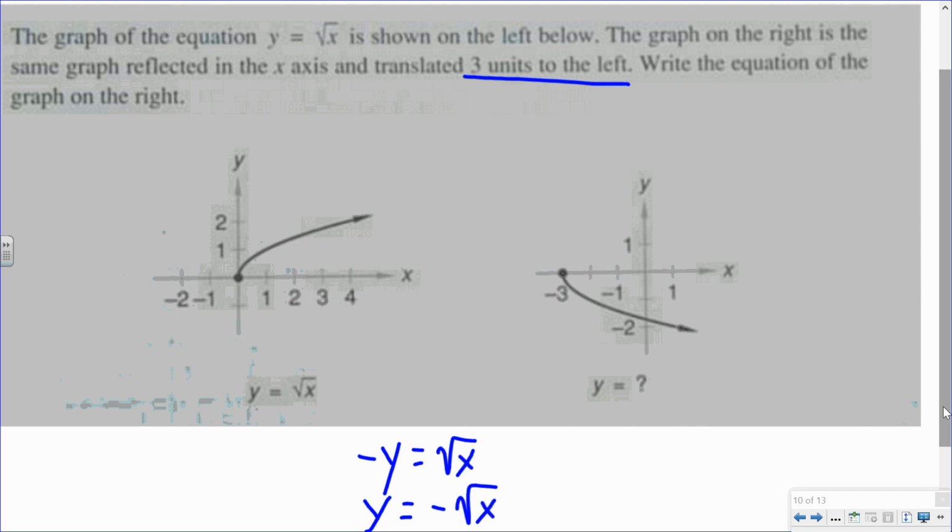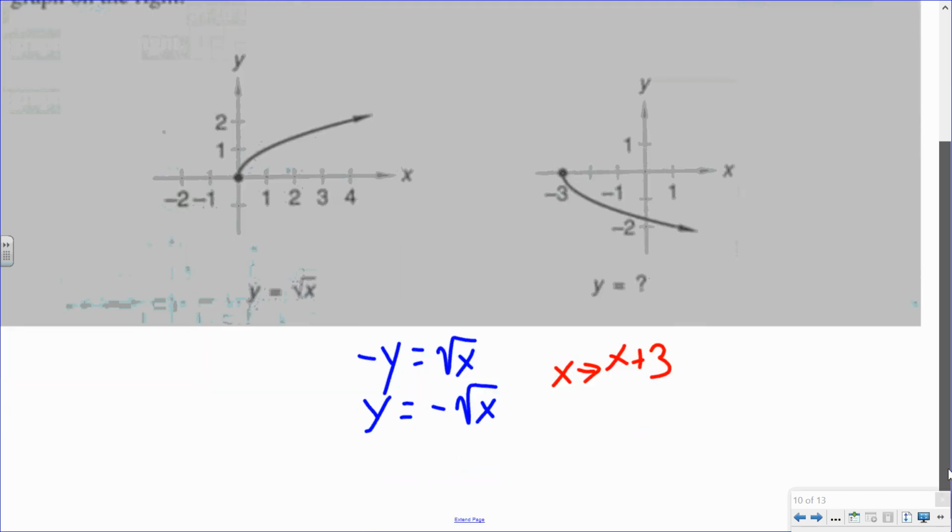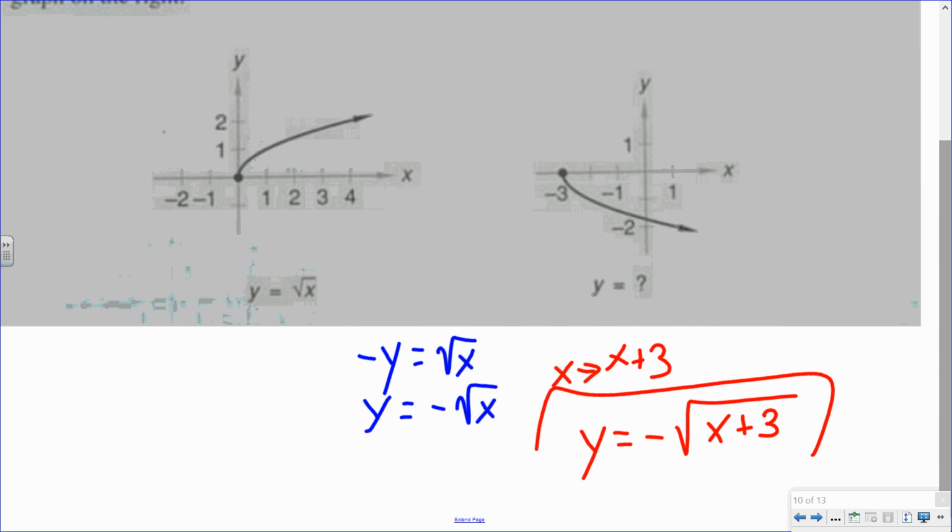So we change x to x plus something. If we're going to the left, we're going to add on the inside. So that means we have y equals, instead of x, we have x plus 3. So y equals the opposite of the square root of x plus 3. I kind of stumbled my way through that. Everybody good with where we ended up, though?